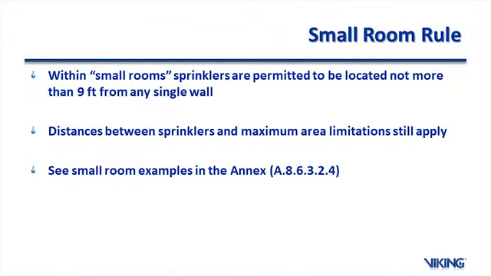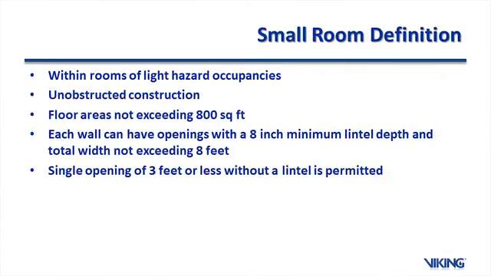So when we've gone from 7.5, and you get a 15-foot spacing, you can go 7.5, but you can get all the way up to 9 feet off of one wall, as long as you comply. The distance between the sprinklers and the maximum area limitations still apply, and this is what we call the small room rule. Okay, so in order to comply with the small room rule, it's light hazard occupancy.